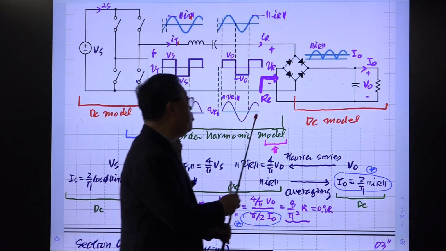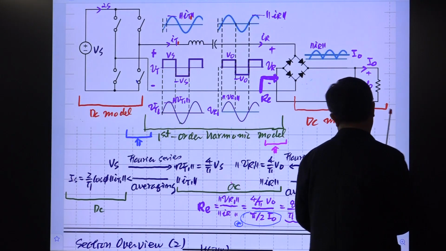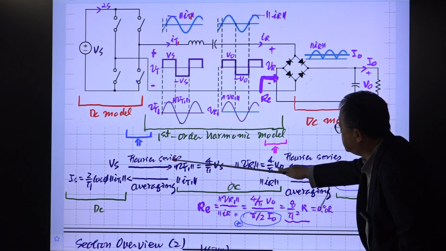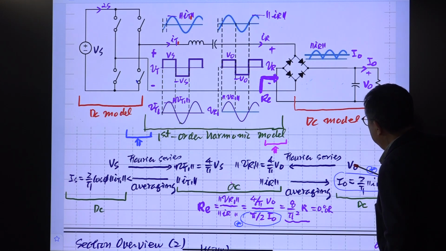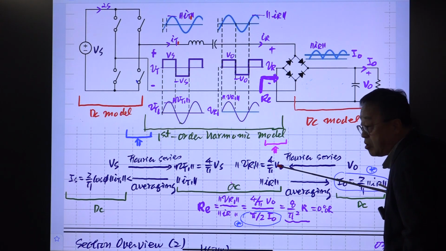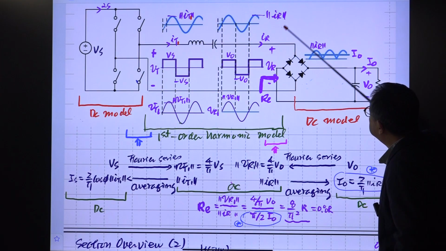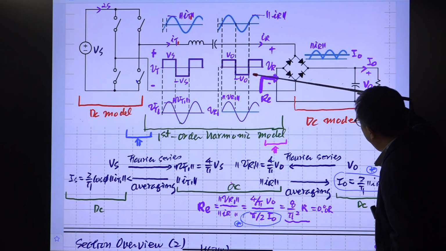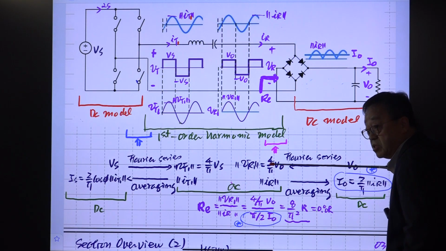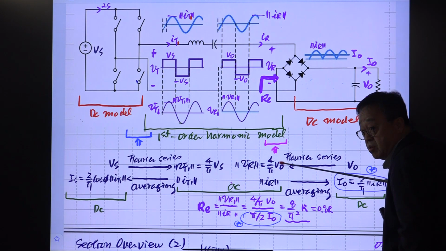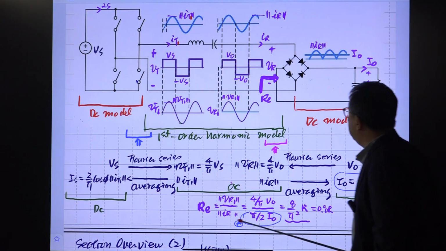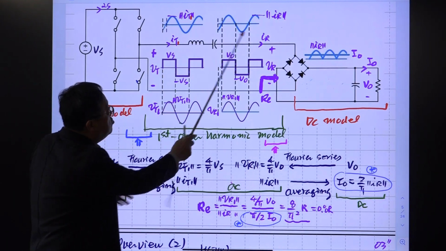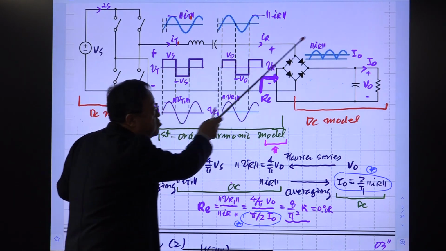You have the same operation here. The magnitude of DC here is VO, right? But due to this Fourier series analysis, this VO is converted into this fundamental component. Actually, this voltage is this one, but if you only consider the fundamental component, there is this. So we have this relationship among the magnitudes. And this is IR. IR is a sinusoidal wave, so the magnitude of this one is converted to this.